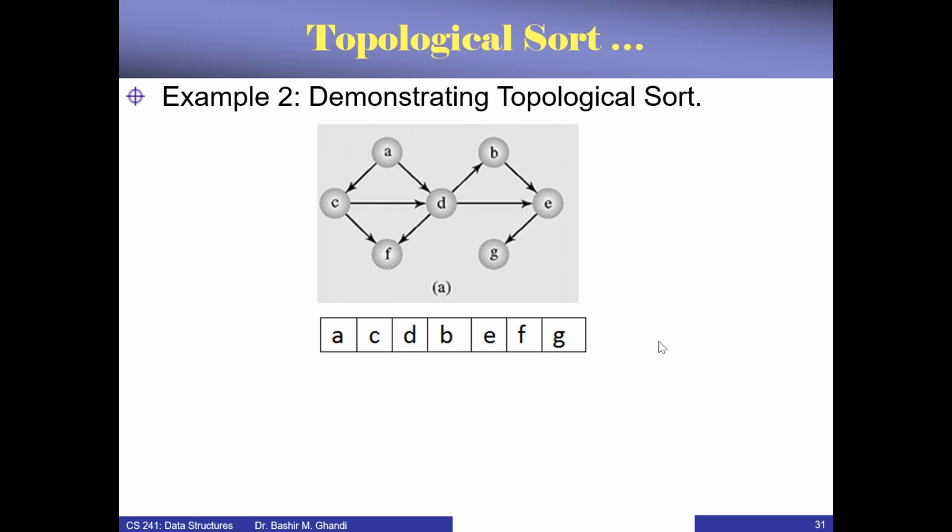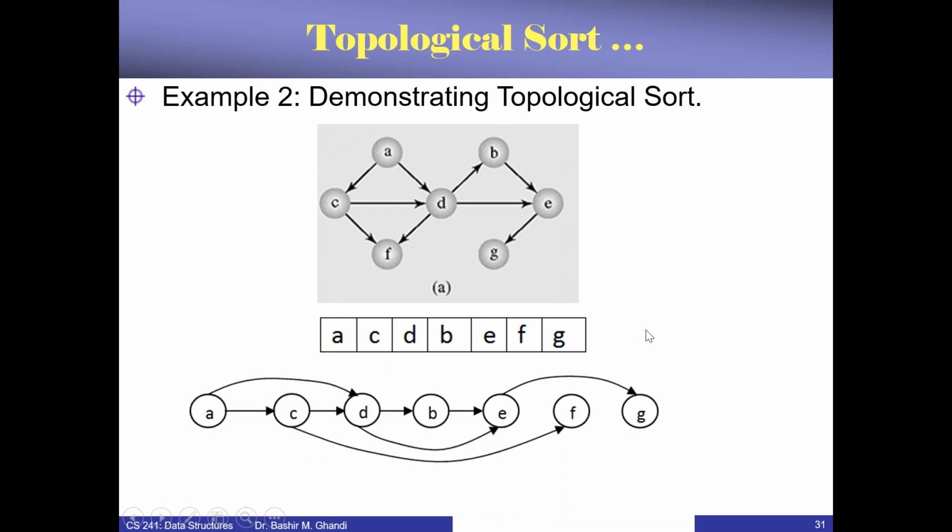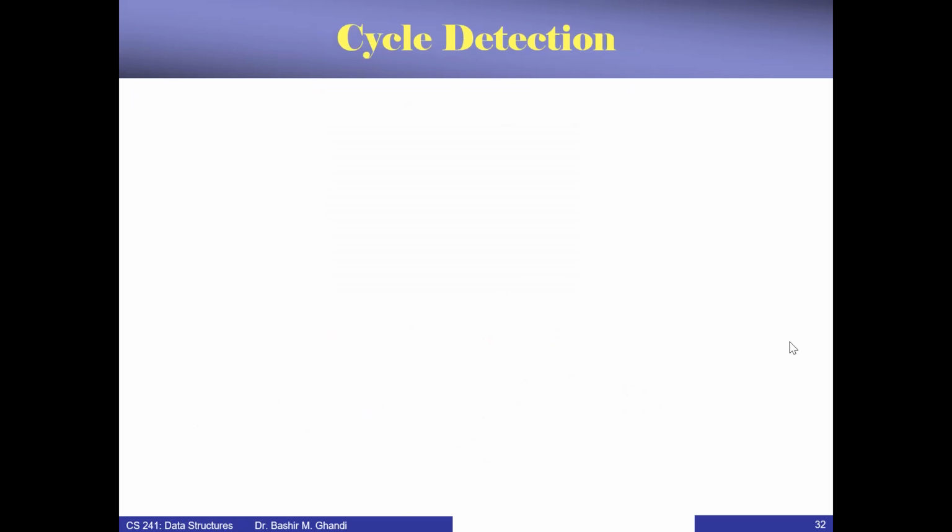If you do that, you should get the answer as listed here. And this is the resulting graph from the list here. So that is basically about our first topic on topological sort.